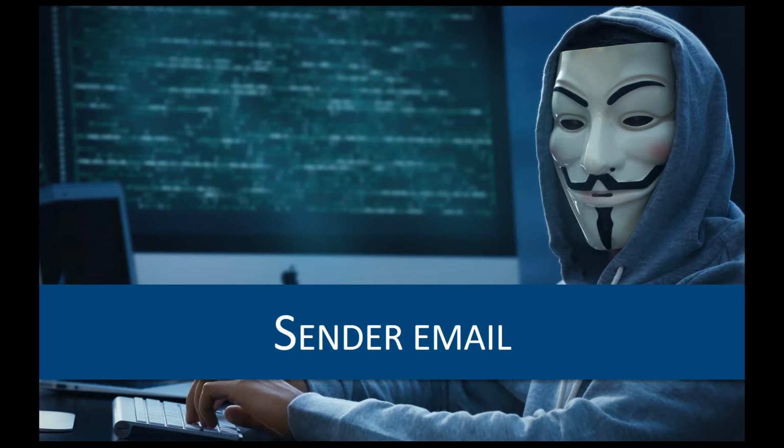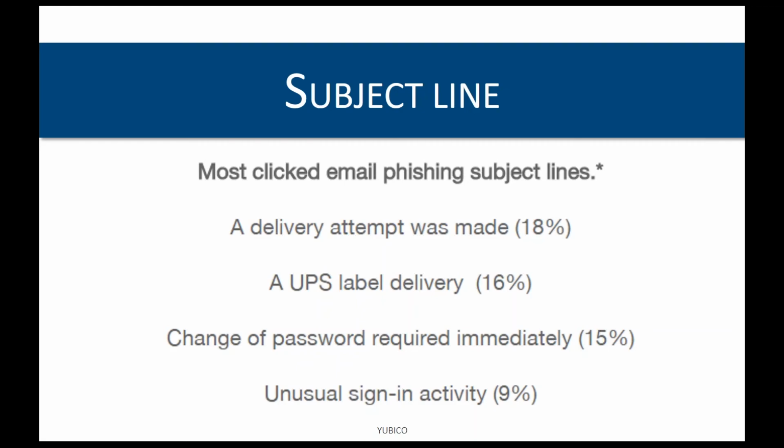It could say Christy Thompson, but underneath it could be badguy@gmail.com. So you have to hover over the sender's email to see if it's indeed coming from the person that you think it's coming from.